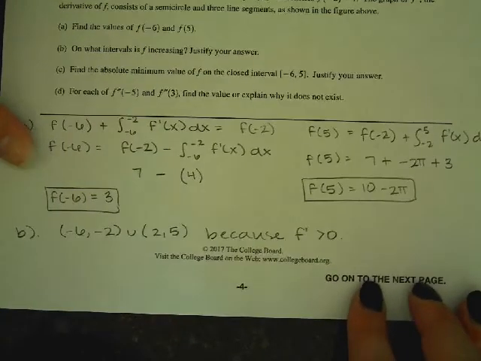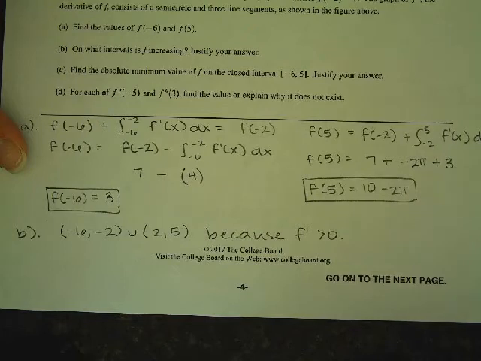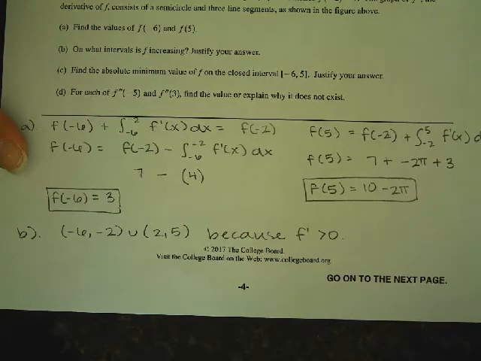All right, next they want to know where there is an absolute minimum. To find an absolute minimum, we have to consider where there could be a relative minimum, but we also have to consider the endpoints. So this is the extreme value theorem.